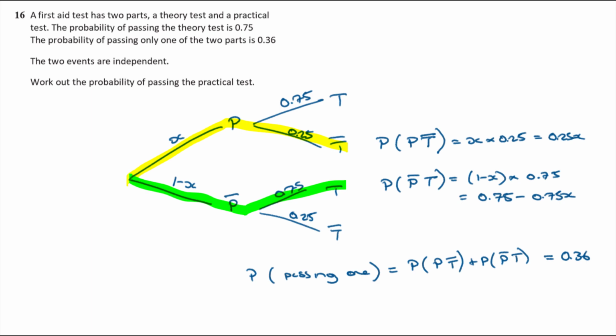Okay, and so I can then add those into this and form an equation in x to solve, can't I? If I just sub those two values in, because I've got this one here, which I can sub in for that, and this one here, which I can sub in for that.